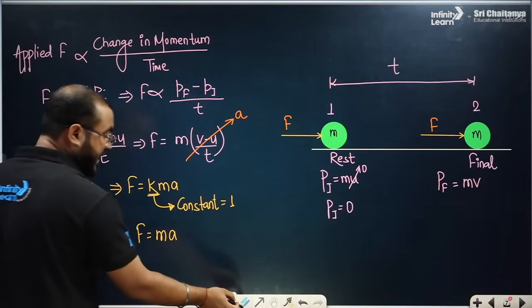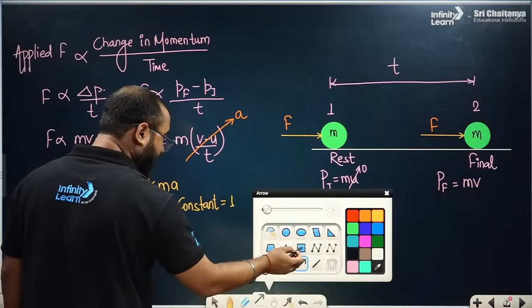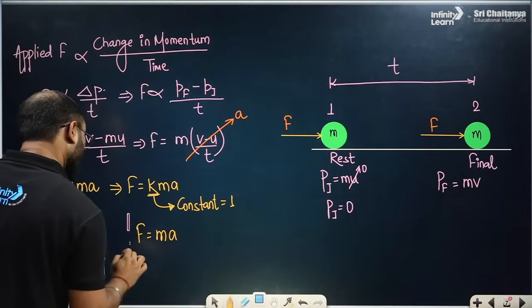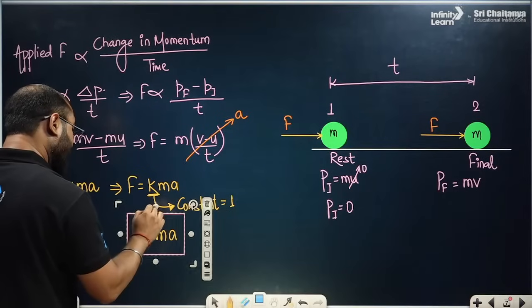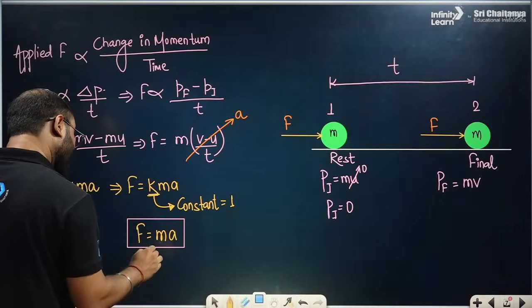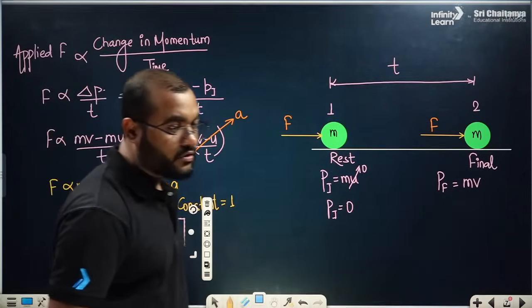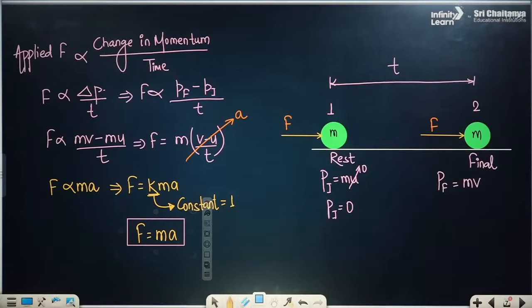So as you can see, F equals MA is not the second law. F equals MA is the formula that we have found to calculate the magnitude of the force from the second law. It is not the second law, it is derived from the second law. What is the second law?